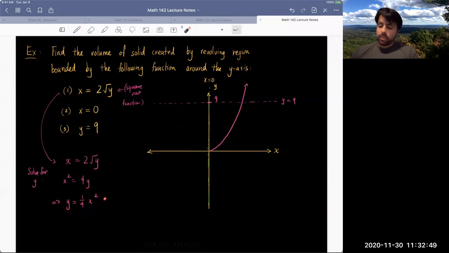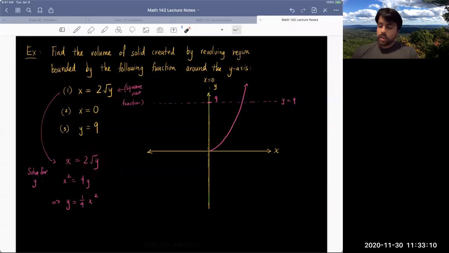But remember, this comes from this original equation. In this original equation, we're only looking at the positive, this is called the principal square root. So we're only going to get positive values here for x.